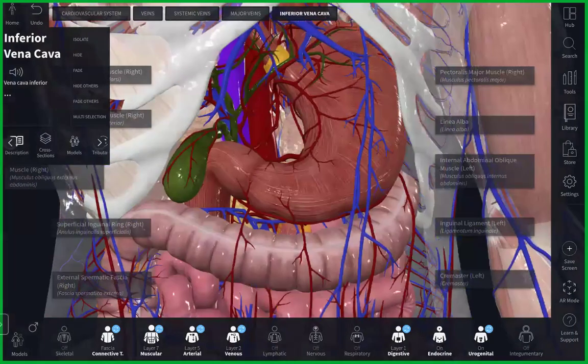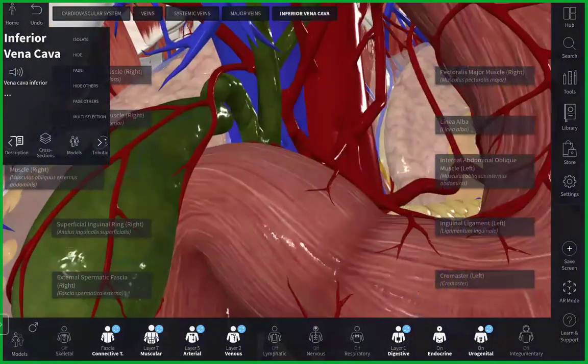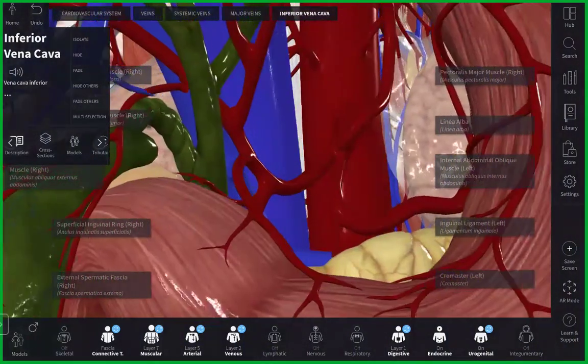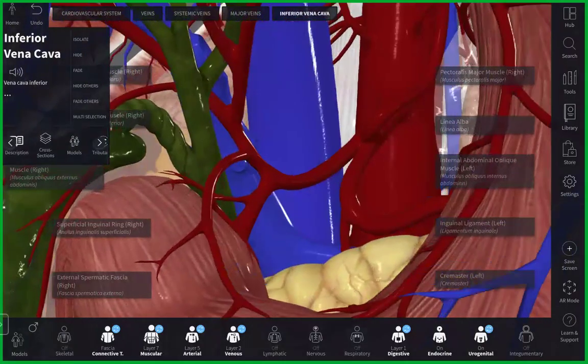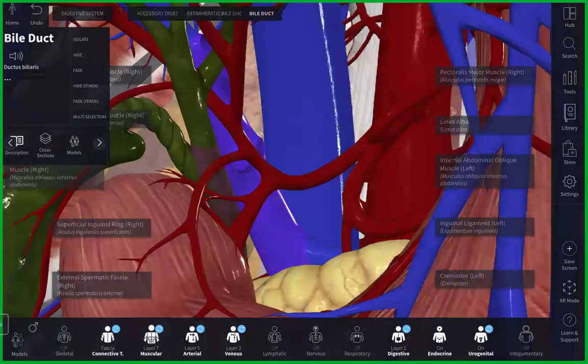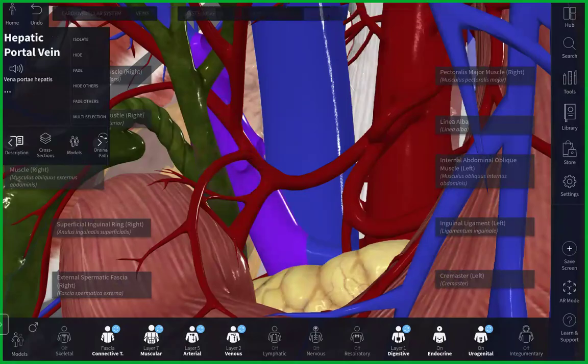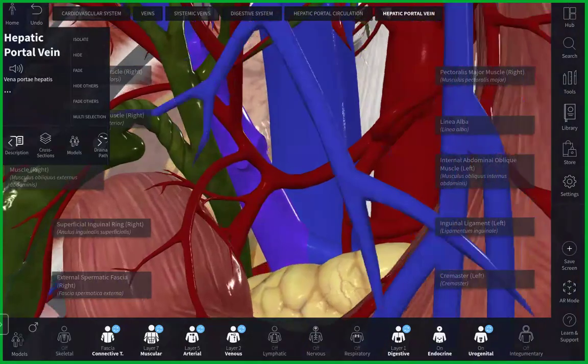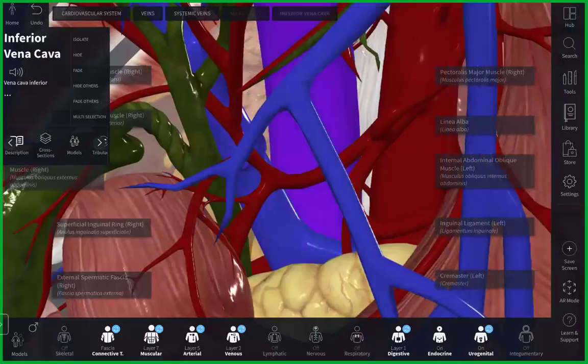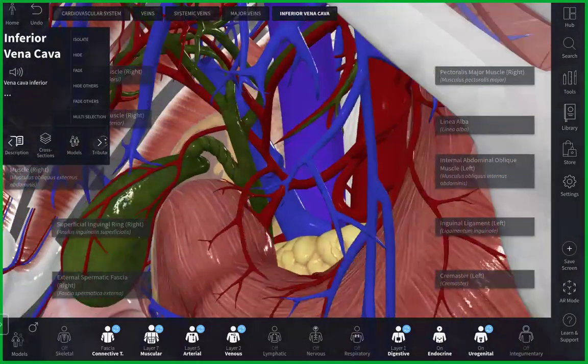See, behind that we have our inferior vena cava. So big inferior vena cava. See, so this is our hepatic portal vein. This is our bile duct, and this is our hepatic artery. Hepatic artery, bile duct, portal vein. So these three are inside hepatoduodenal ligament, and behind it we have inferior vena cava.